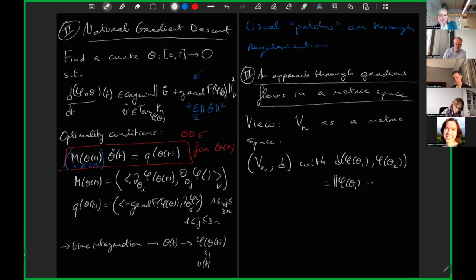So this is just going to be the L2 distance. And this says that we are not interested in the values of the parameters to quantify how different two functions are. What we want to compare, at the functional level, is whether two functions from the neural network are really generating the same function in L2 or not, independently of whether they were generated by different theta 1 and theta 2, okay? So that's the catch. And so we can prove that this is a metric space.